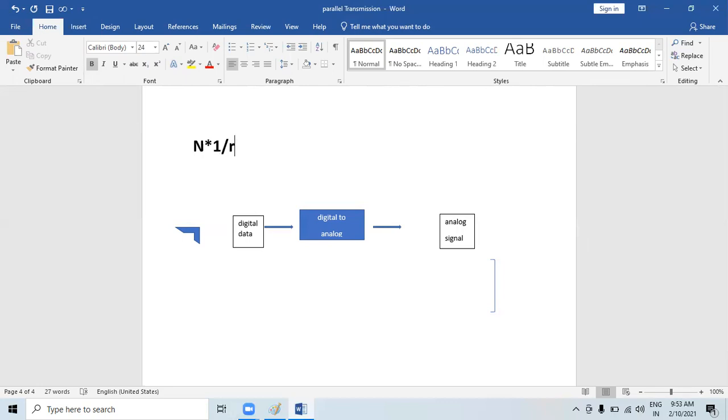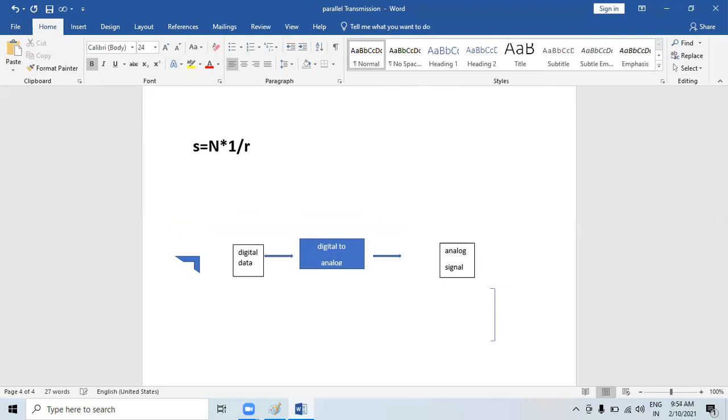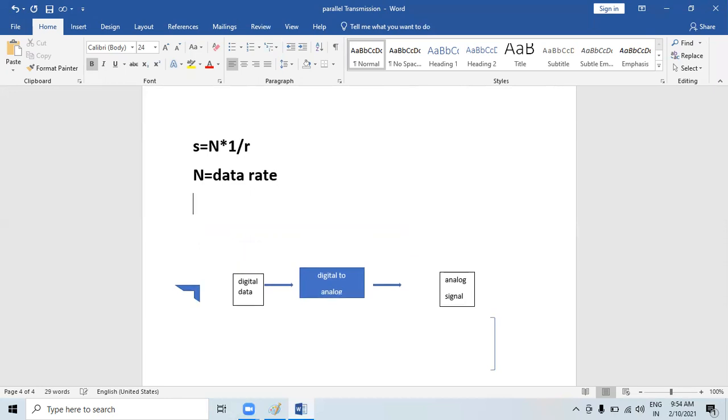The signal rate is S = N × (1/r), where N is the data rate, and r is the number of data elements in one signal element.